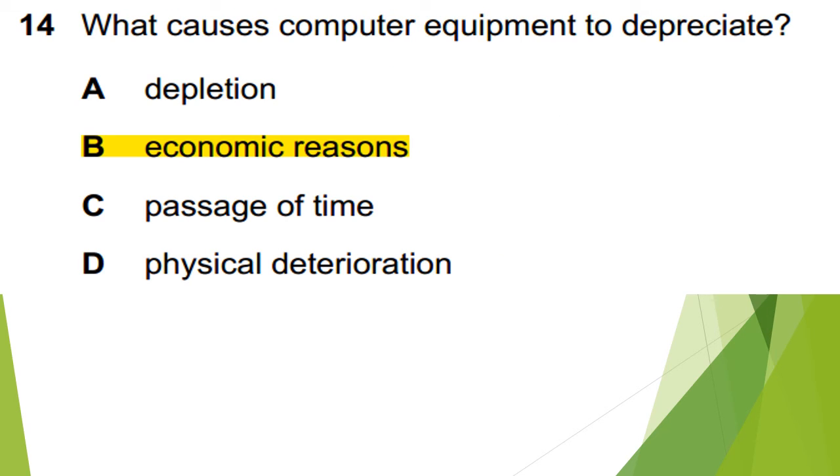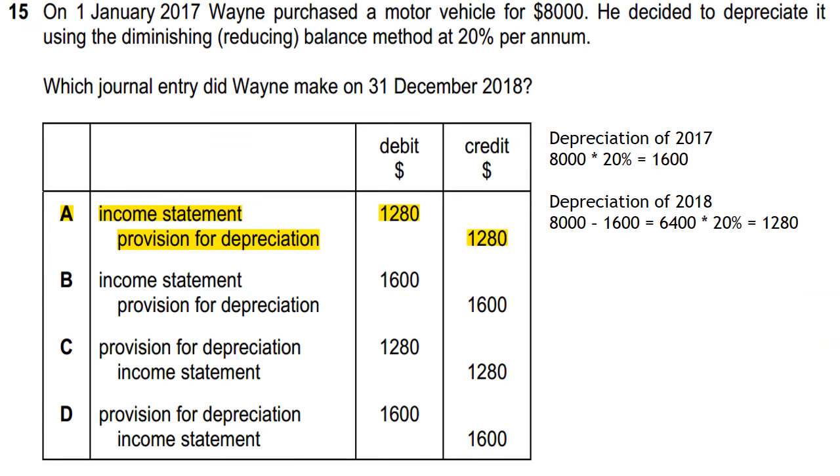And number 14, what caused computer equipment to depreciate? And option B is correct, economic reason. And the next number 14 is, on 1st January 2017, Wayne purchased a motor vehicle for 8,000. He decided to depreciate it using the diminishing reducing balance method at 20% per annum.